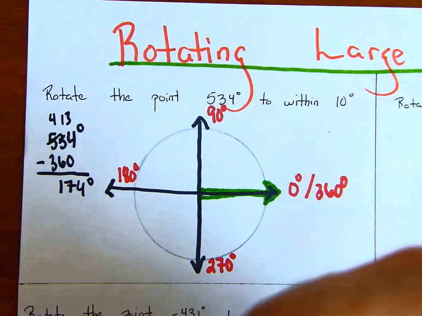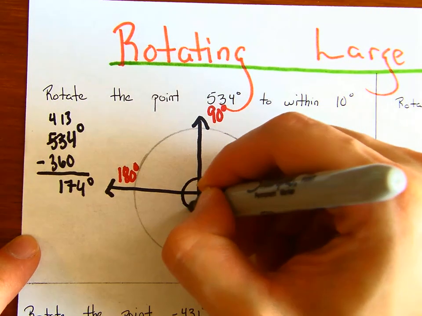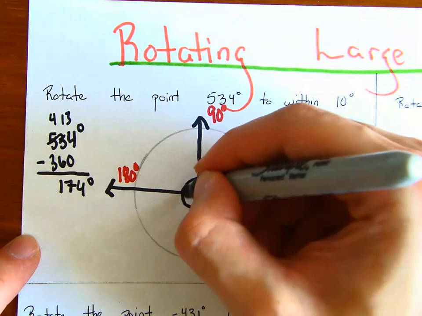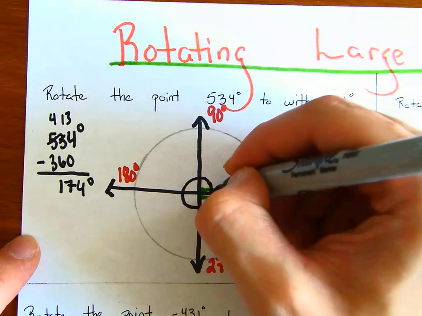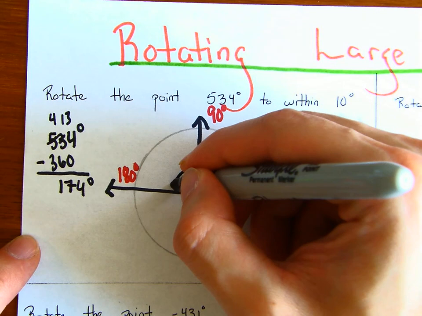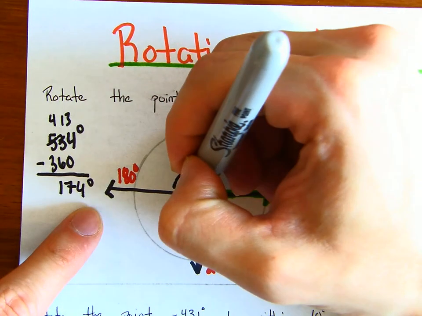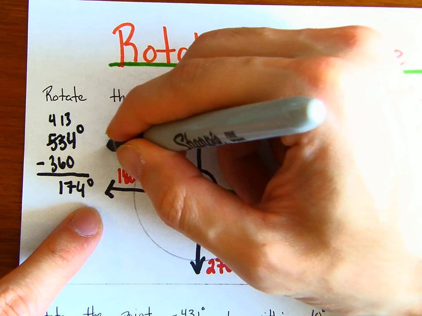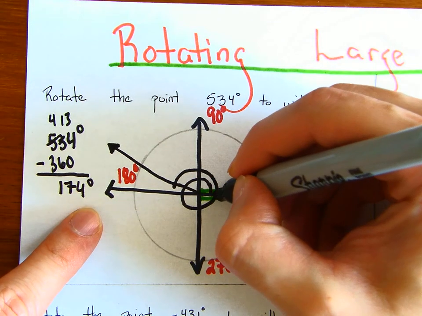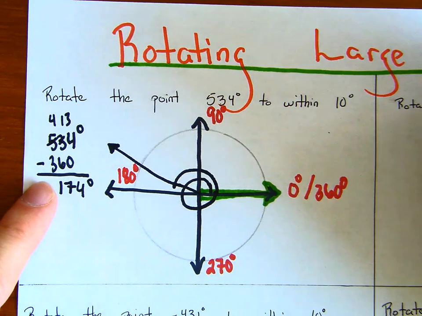So what's really happening is you're making one full rotation like this, using 360 of the 534, and then you're left somewhere over here, because 174 is very close to 180. So the angle should look something like that. But it had to make that past 360 degree rotation to actually get to that location.